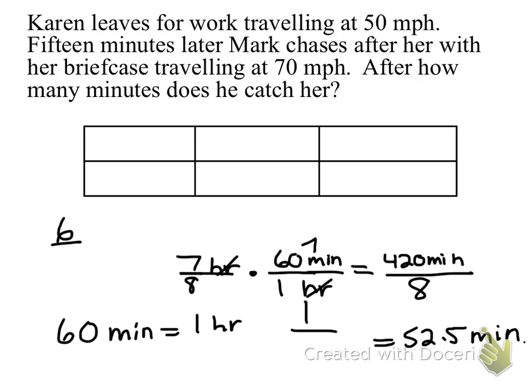What does this equal? 42. What does 6 over 6 equal? 1. Okay, can I also write this? Is this the same thing? Yeah, just a different way to write it. So all I'm really doing is writing it, but I'm putting my units in the denominator so I can cross cancel them.